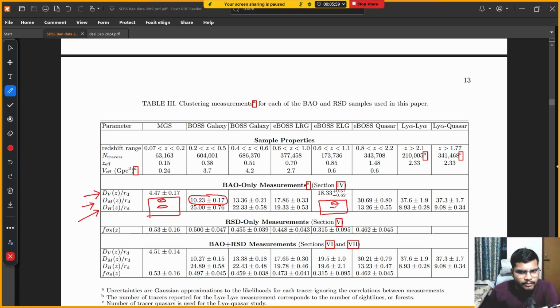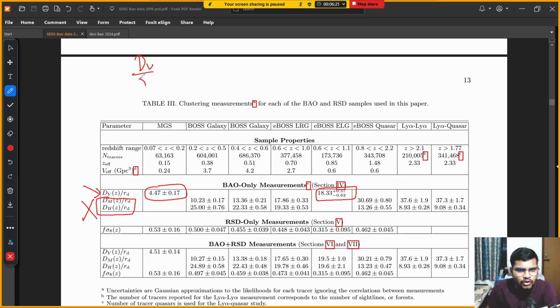They have been obtained by considering some basic model, but again we are not going to take those data. So first of all, something has to be clear: for certain redshifts we are not having these quantities, so we have to rely on this one and this one, right? So here you can see that you have different observable dV over rd.